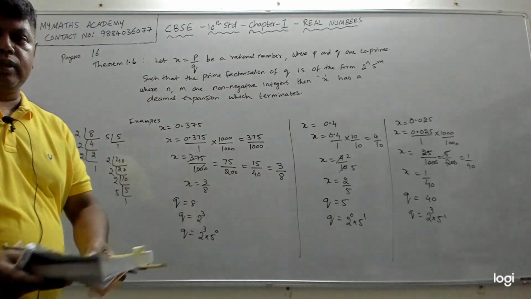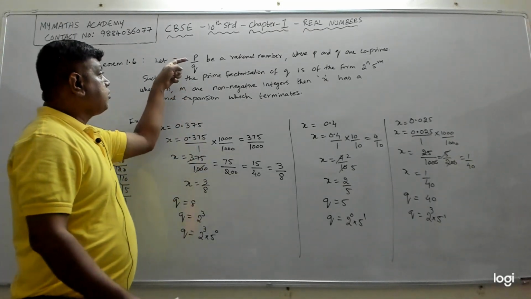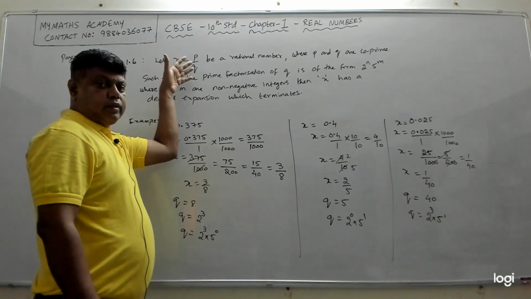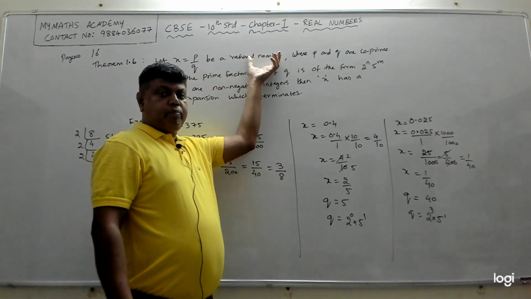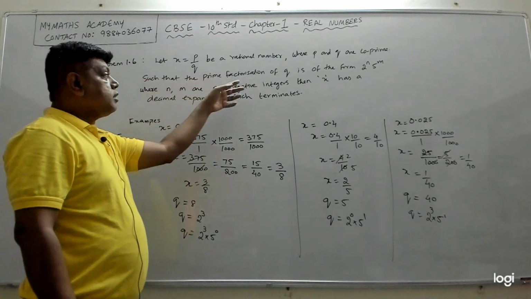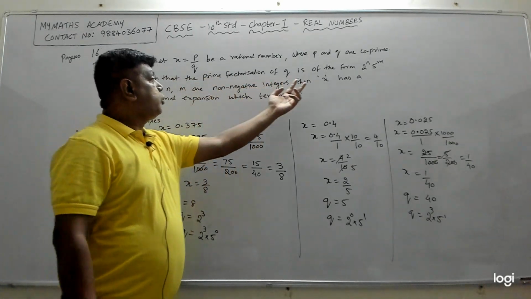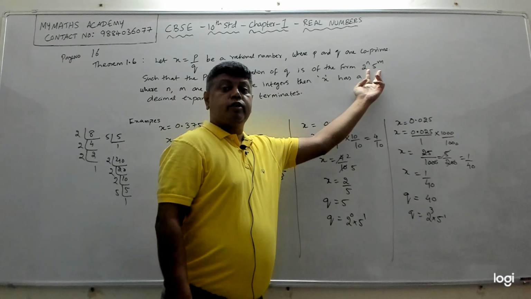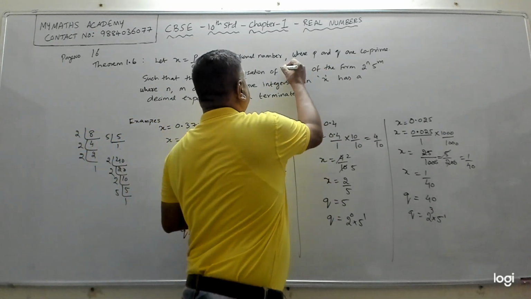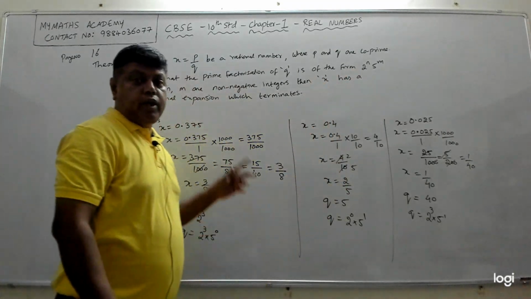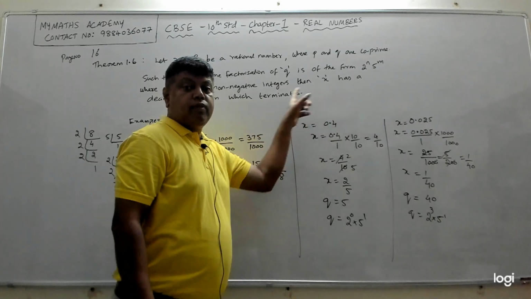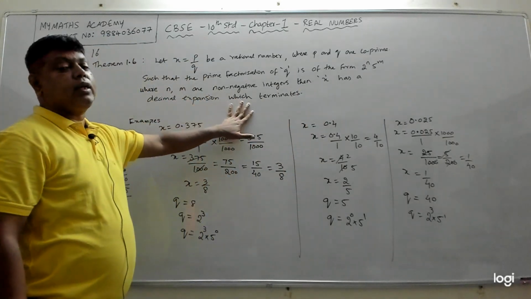So what it says is, suppose x is in the form of p by q, after cancelling out all the common factors, where p and q are co-prime, and suppose you check the denominator q. If q is of the form 2 power n, 5 power m, where n and m are non-negative integers, then I can say x will have a terminating decimal expansion.